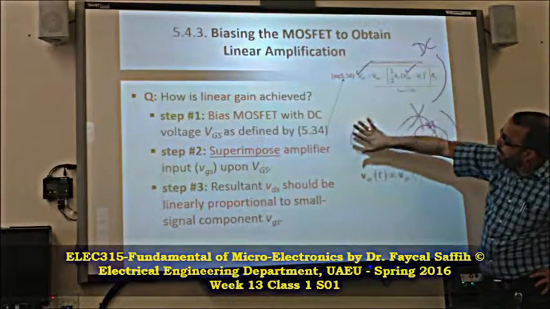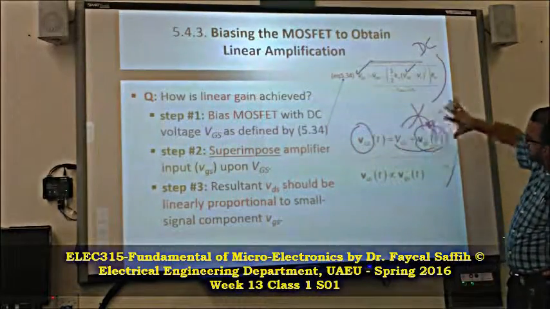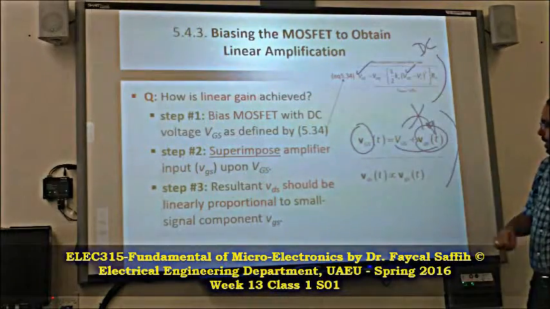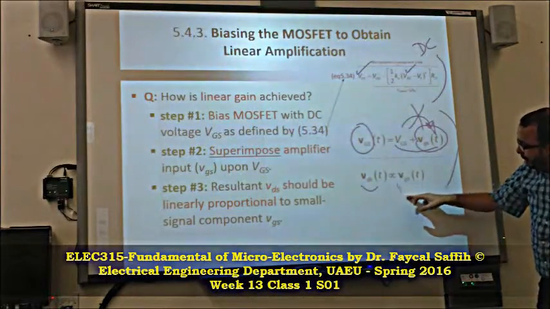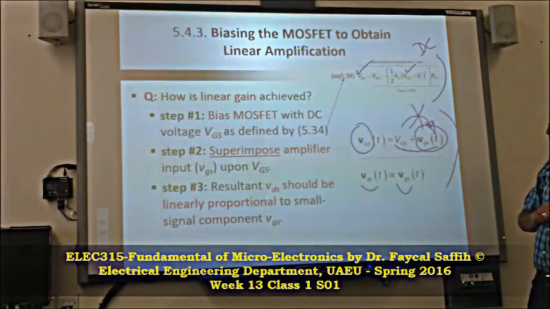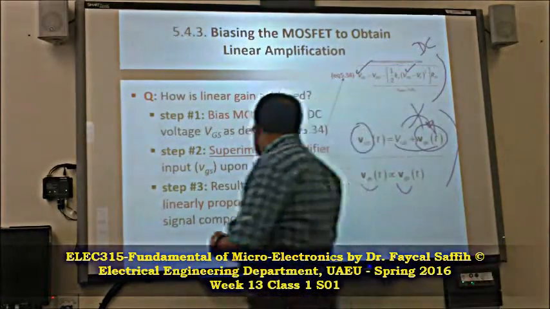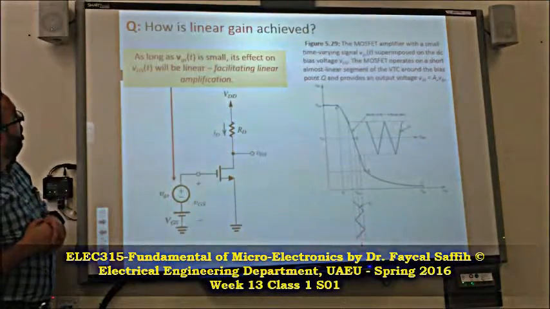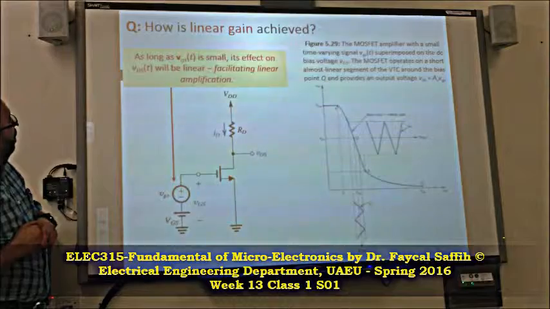The input now is DC plus AC. So we have to put that there and then try to get the AC of VDS, which is going to be related to the input AC. And that's what we need to find out. Okay, let's see.